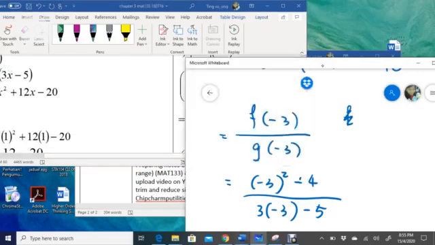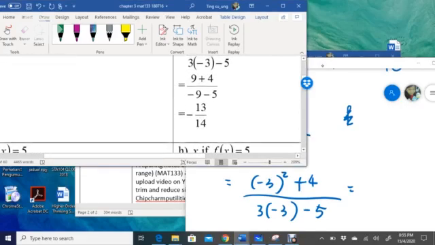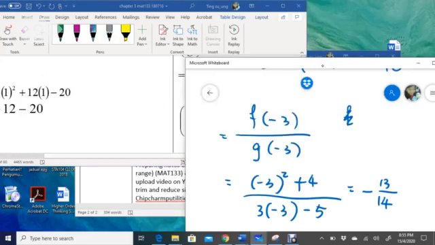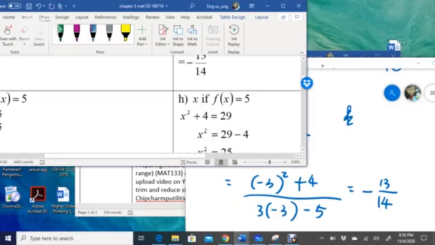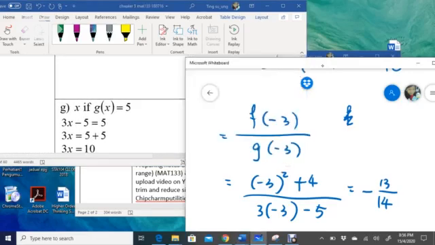Oh sorry, it's plus. Simplified, what do you have? You have negative 13 over 4. It's the same. So the things I already shared with you here. So how about the g?